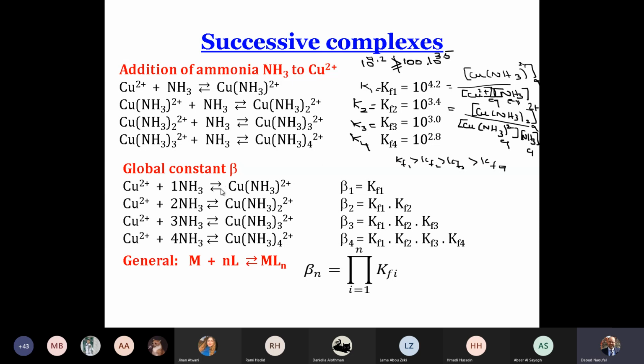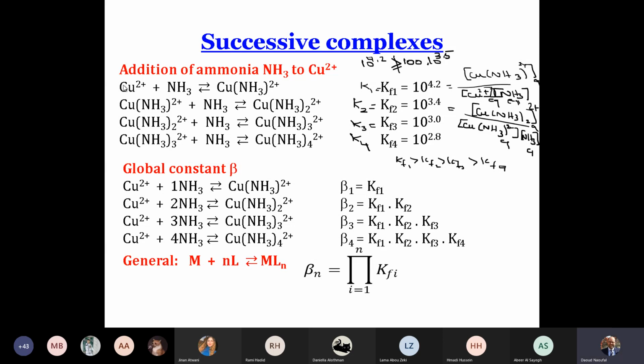We can write the formation of a complex from its simple metallic ion and ligand, or we write the formation of the second complex from the first complex. When we write the formation of the second complex from the first, this K of reaction is equal to Kf2. Add reaction 1 and reaction 2.